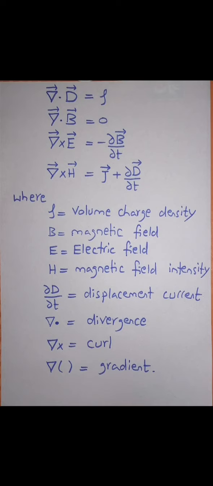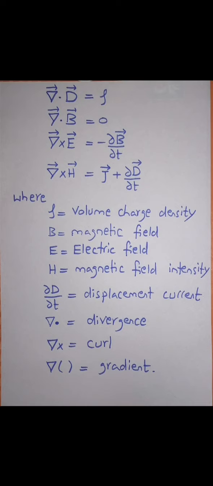As we know, when we have a del operator with a dot multiplied with it, it symbolizes the divergence, and whenever we have a del operator with a cross sign, it symbolizes the curl, and whenever we have a del operator simply multiplying with something, it symbolizes the gradient. In our equation 1, D is the displacement density, and it is directly proportional to the electric field.